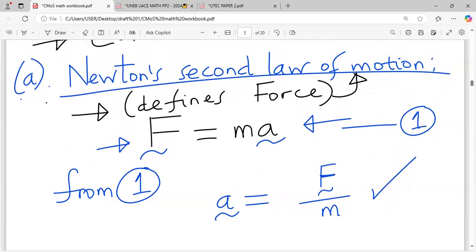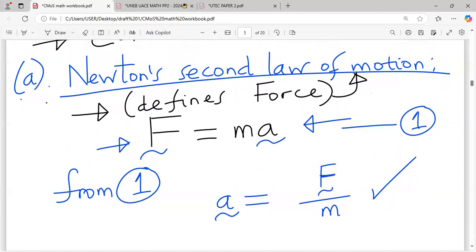I think you can see that. So that's how the concept of Newton's second law can be used in what we are going to do today. I want to first break down everything for you, then we start some examples. Because the question will not tell you that here I use second law of motion, here I use this, here I use this. It will not tell you.